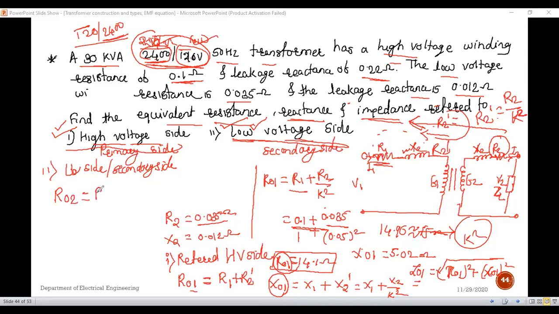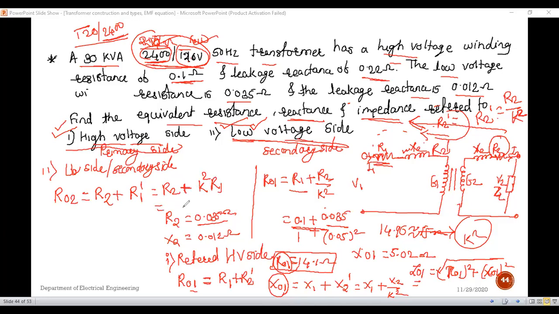R02 is equals to the secondary side resistance R2 plus the primary resistance transferred to the secondary, R1 dash, right? So R2 plus R1 dash. Going from primary to secondary, transferring R1 divided by K square.